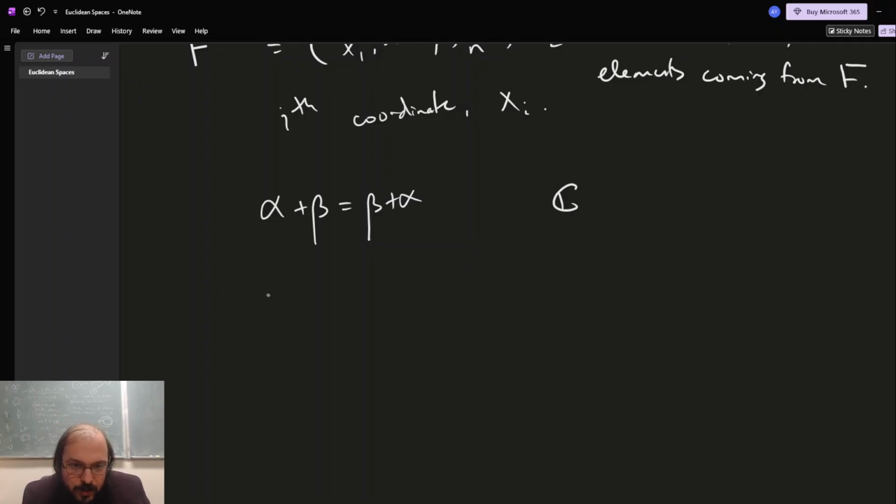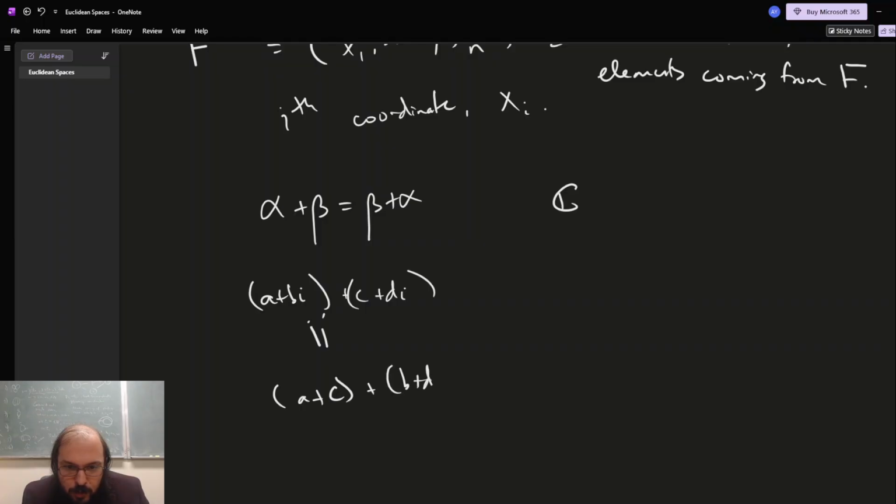For example, if this is a + bi and this is c + di, then we defined this addition to be (a + c) + (b + d)i. Over here, it's different, but now notice that because this is our definition, that's what this colon means, these being ordinary real numbers, I can commute them.